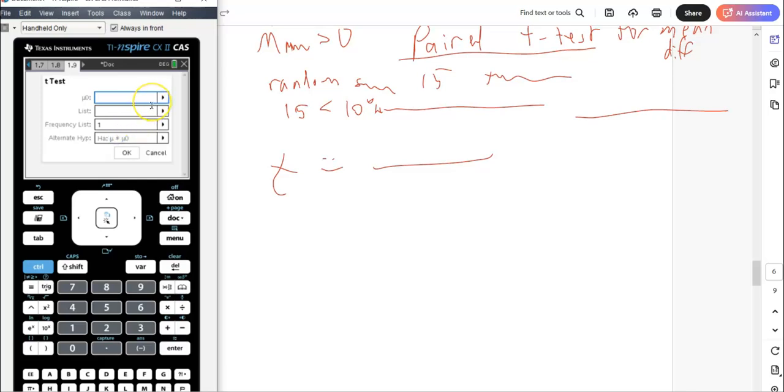So the null is 0, right? So the list is called difference. And the alternate was greater than.